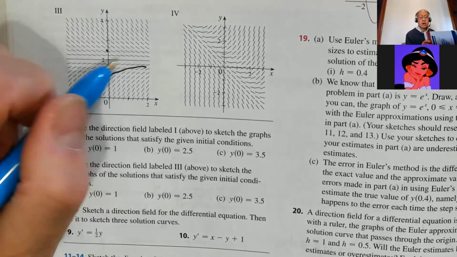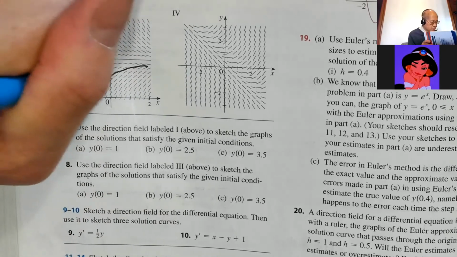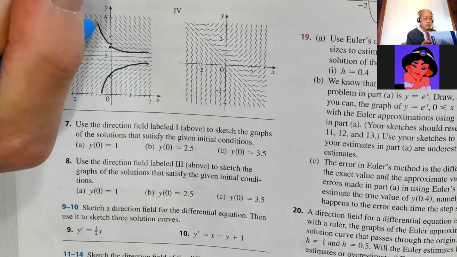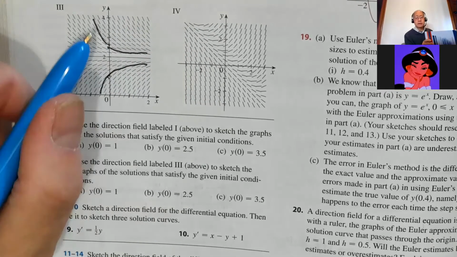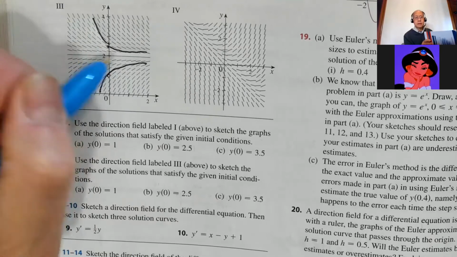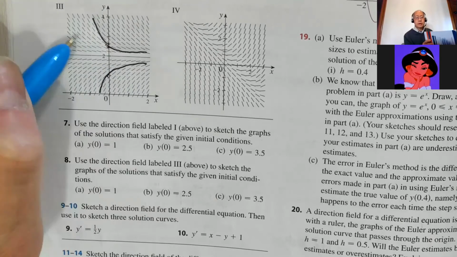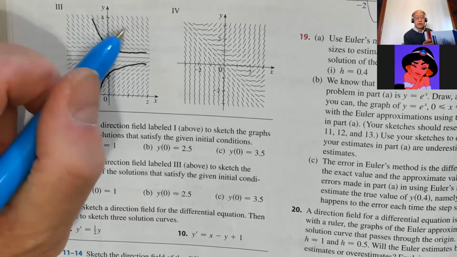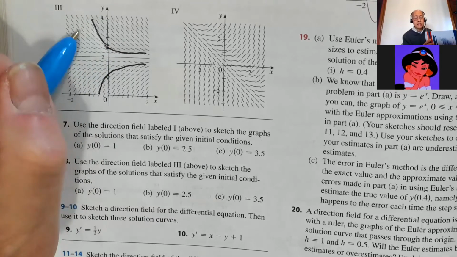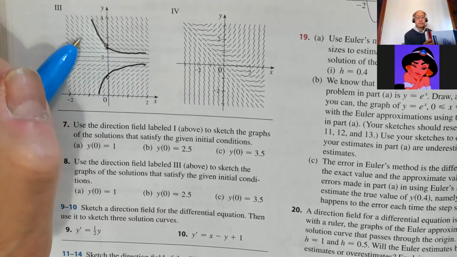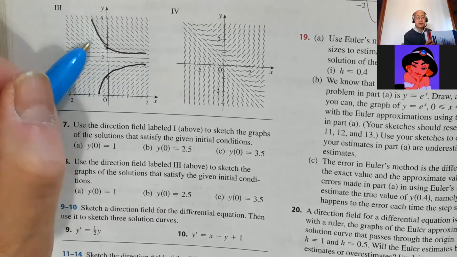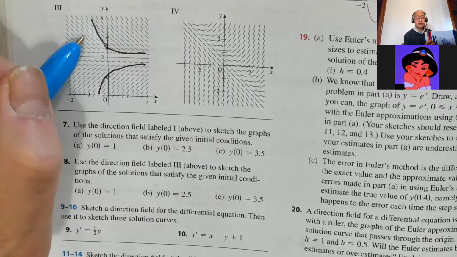And curving toward y equals 2 as a horizontal asymptote. You're just kind of following the lines along. So everywhere in the xy-plane, it's telling you which direction to go, so to speak. Okay, in this flow, fluid flow, direction field.